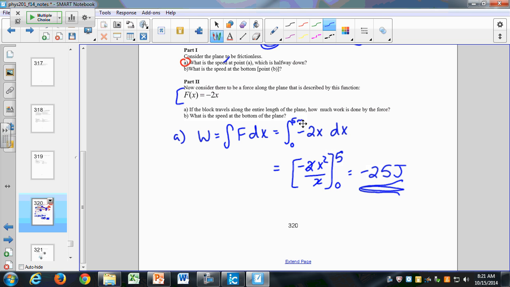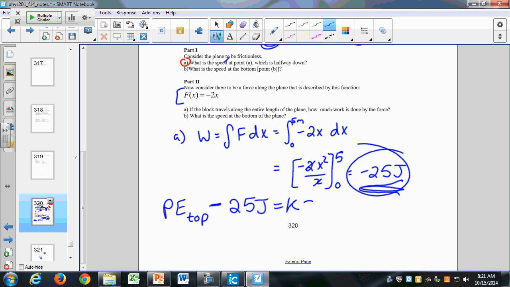Look, it has a certain amount of potential energy at the top, right? That's the total amount of energy. But I'm taking this much energy away from it. So I'm going to say that the potential energy, the total energy at the top, minus 25 joules will equal the kinetic energy at the bottom.